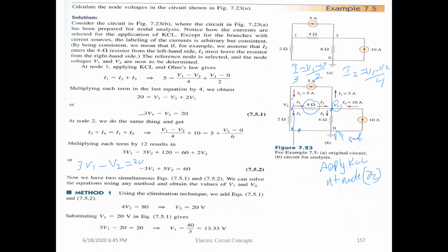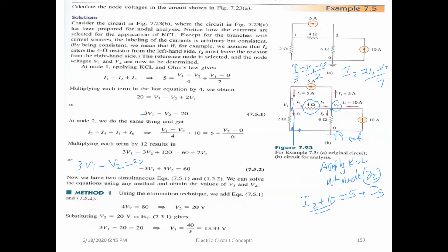I see that I2 is entering the node, and the 10 is also entering the node. The currents leaving the node are I1, which is 5, plus I5. So the currents entering the node are I2 and 10, and the currents leaving the node are I1 and I5.